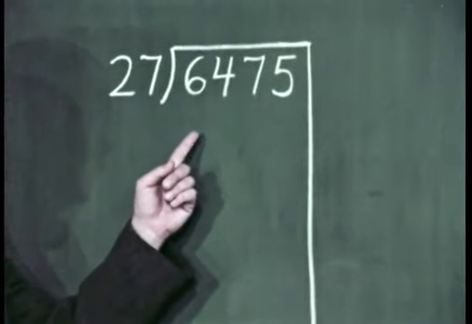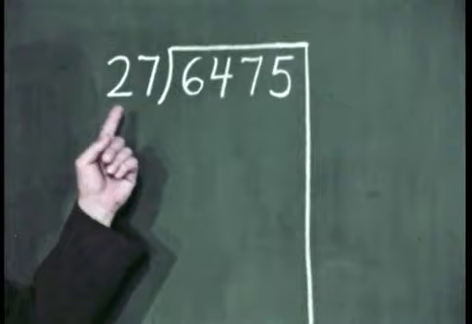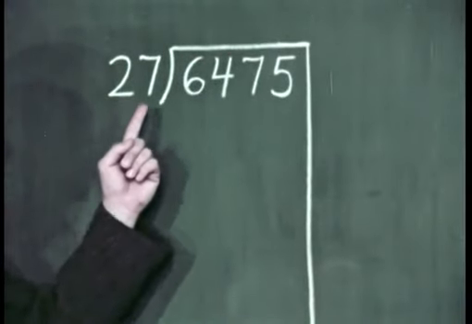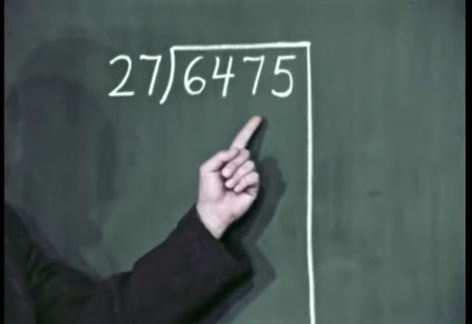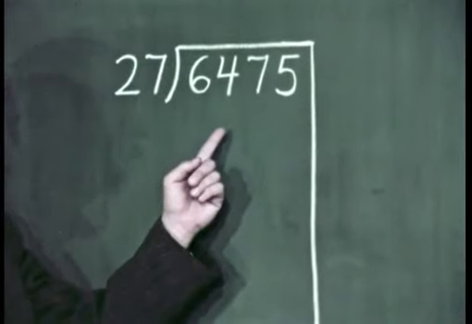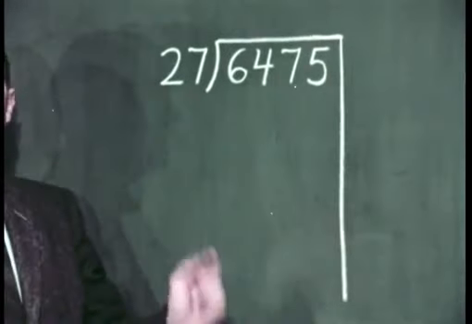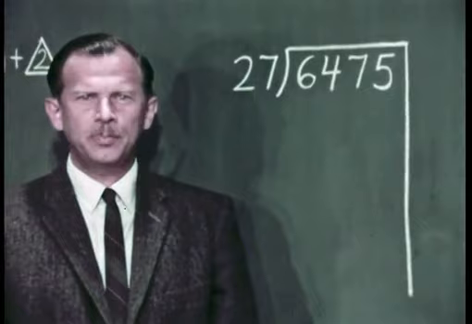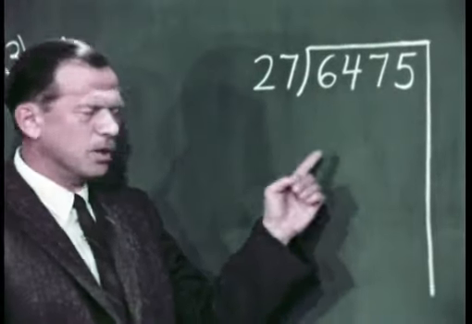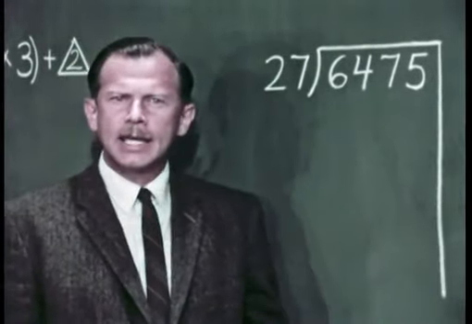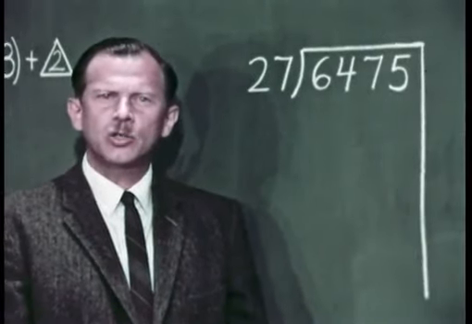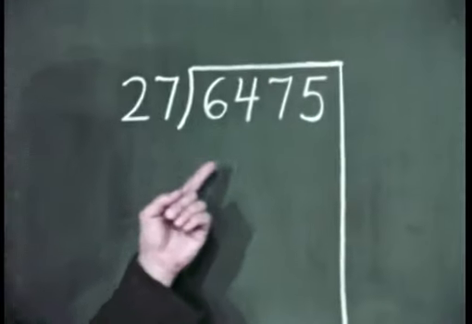Obviously, 1,000 is too large because 1,000 times 27 is 27,000. Perhaps a multiple of 100 would work. Let's watch a 6th grade pupil who is thoroughly familiar with this algorithm explain how he selects partial quotients in working out this example.